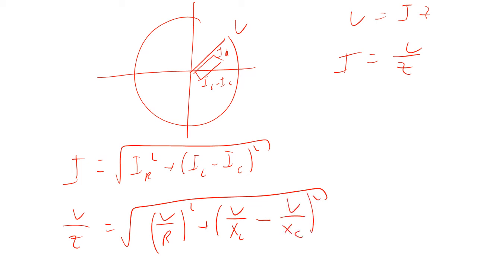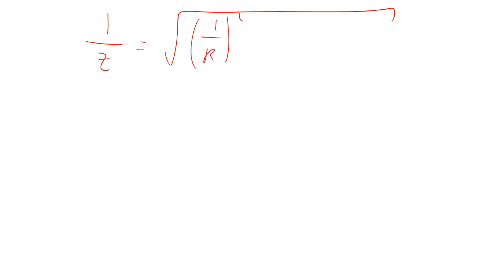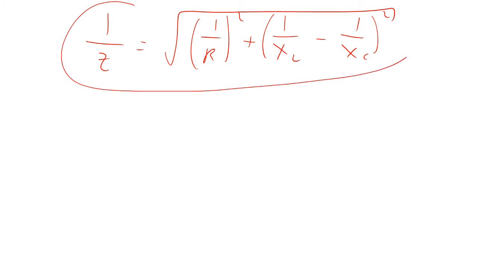So we divide things out. 1 over Z equals the square root of 1 over R squared plus 1 over XL minus 1 over XC, squared. And so that would give you an expression for how you would find the impedance for a parallel system.